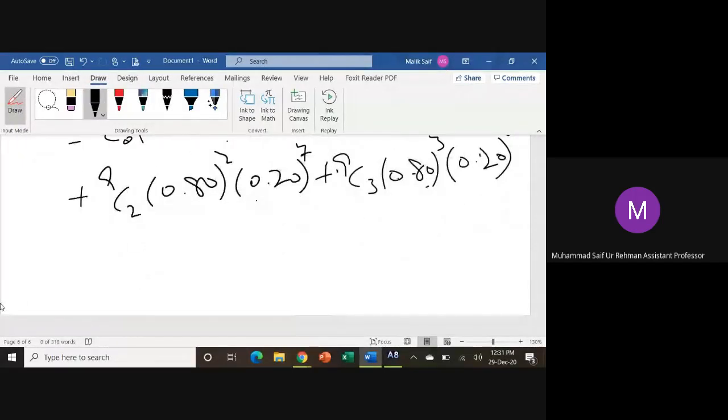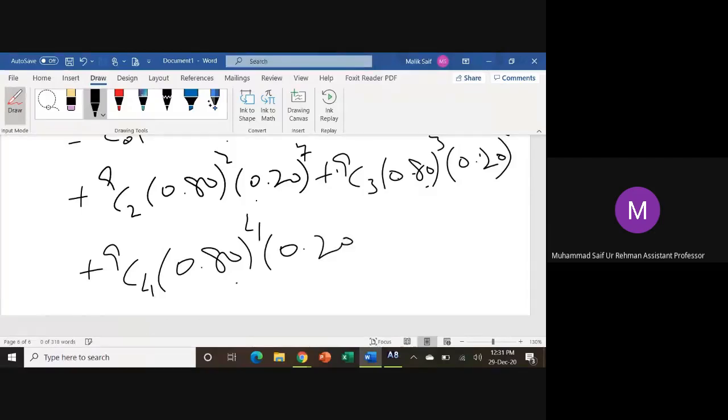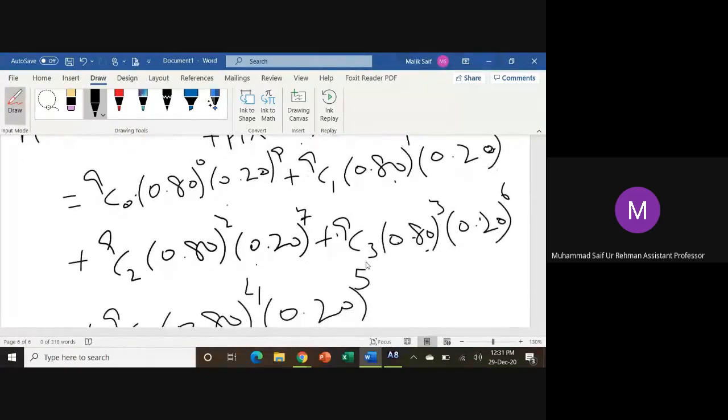Further plus 9C4, and this is the last term, 0.80 power 4 into 0.20 power 9 minus 4, that is 5. So see what is the answer. So you have to solve this.